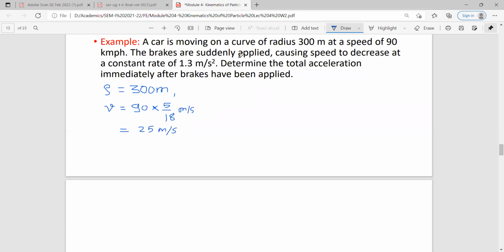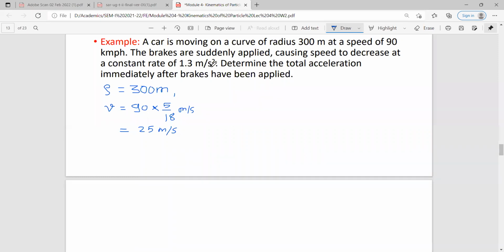The brakes are suddenly applied. Means at 90 kilometer per hour, brakes are suddenly applied, causing speed to decrease at a constant rate of 1.3 meter per second square. Okay, so it is the acceleration or retardation.